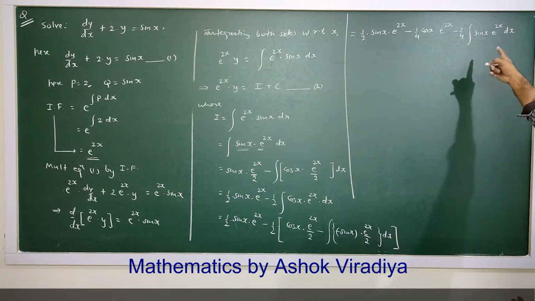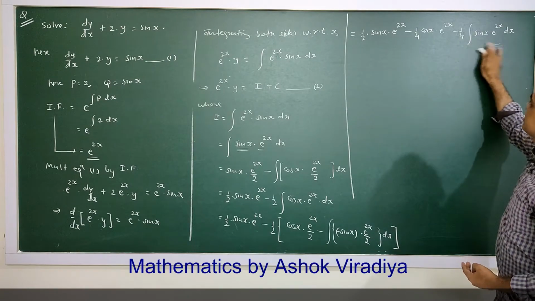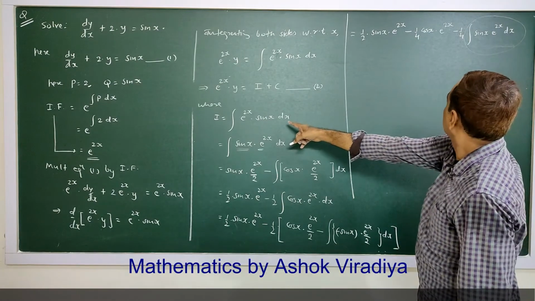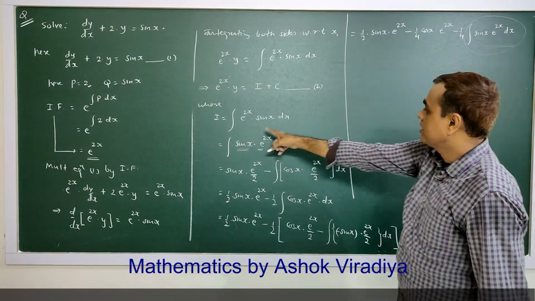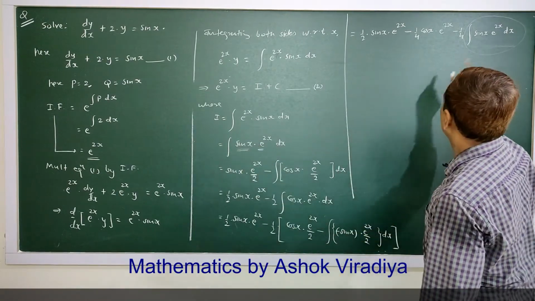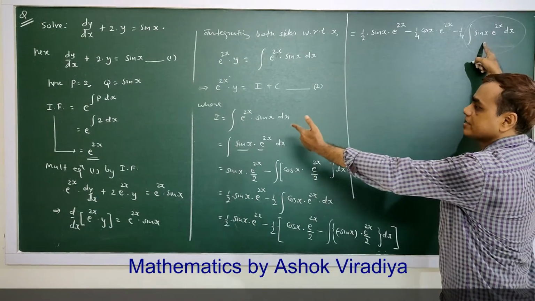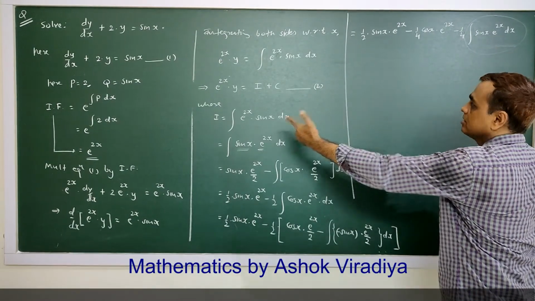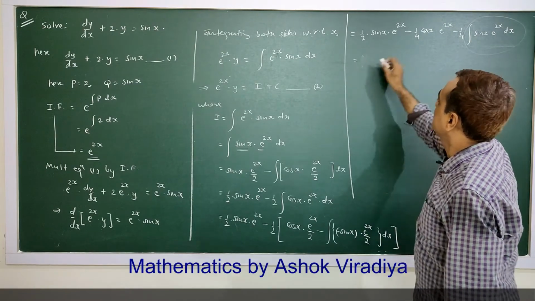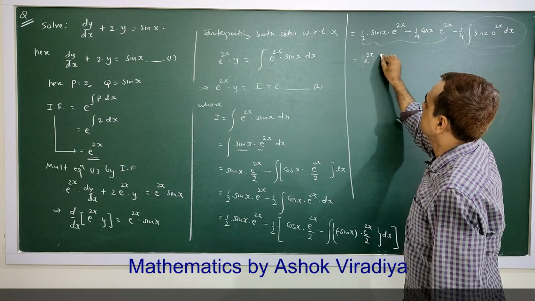Now look here, this part is repeated, and what is its value? Its value is I. So here we replace this term by I. This is I. So therefore it is equal to 1 by 2 times, from these terms I am taking e raised to 2x common.